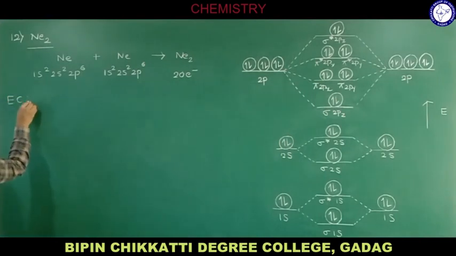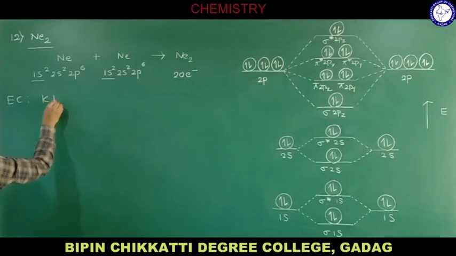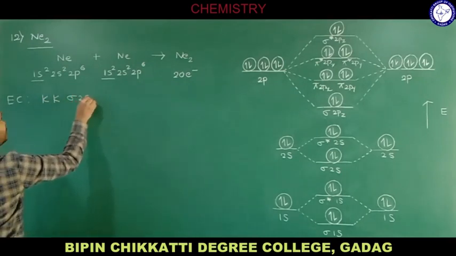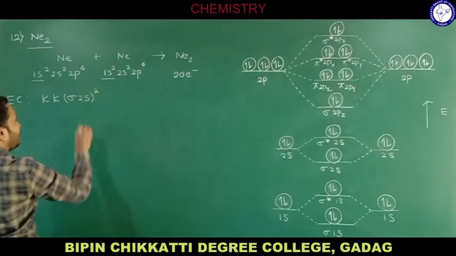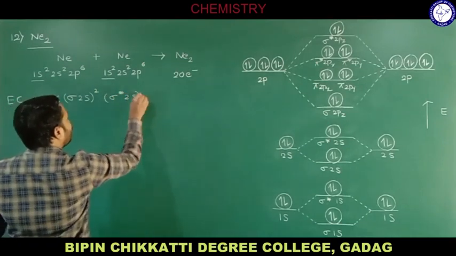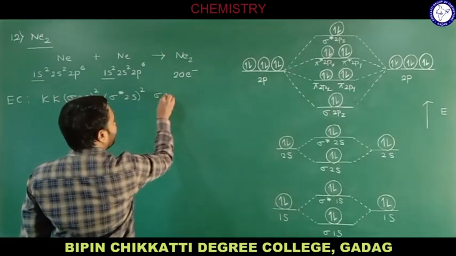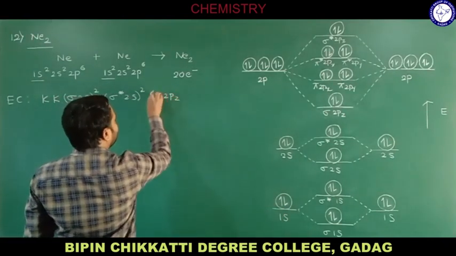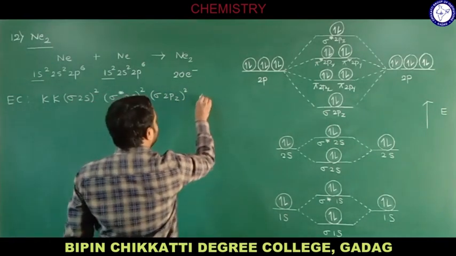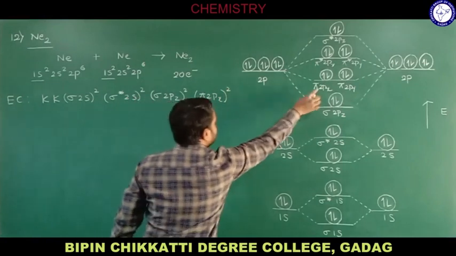So electronic configuration: since the K shell is completely filled, therefore KK I write. Next we have sigma 2s, we have 2 electrons over there, and sigma star 2s with 2 electrons. Now you come to the next one, that is sigma 2pz with 2 electrons. Next we have pi 2px with 2 electrons, this one.